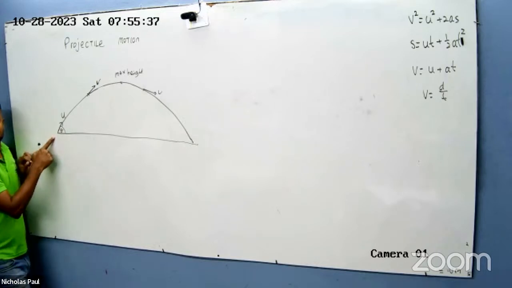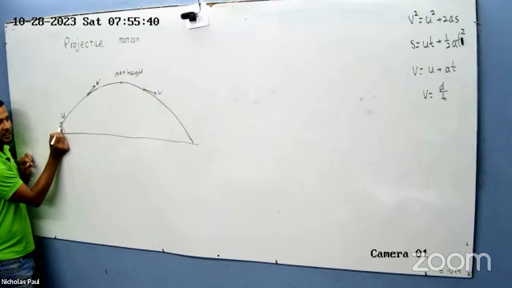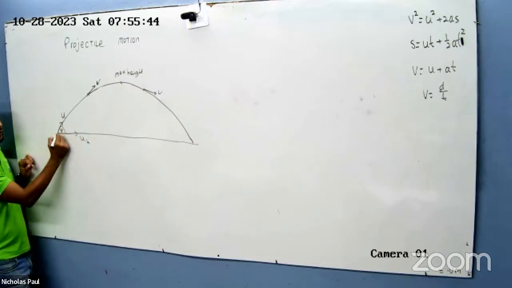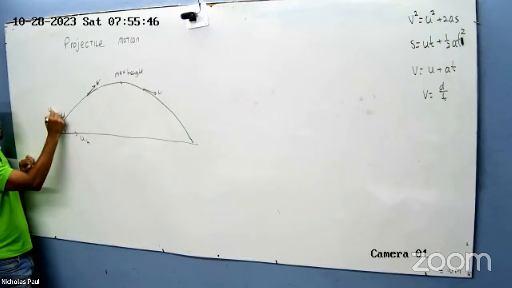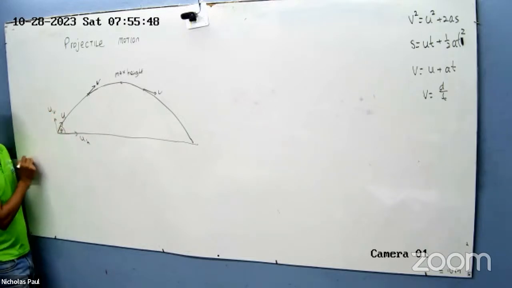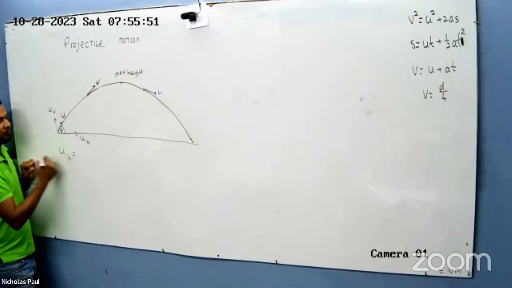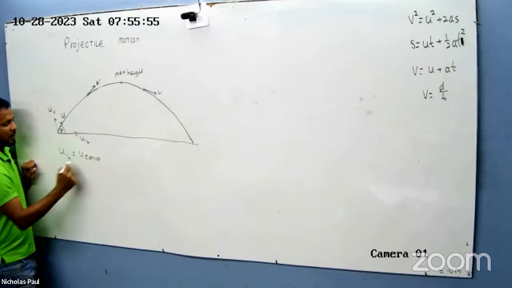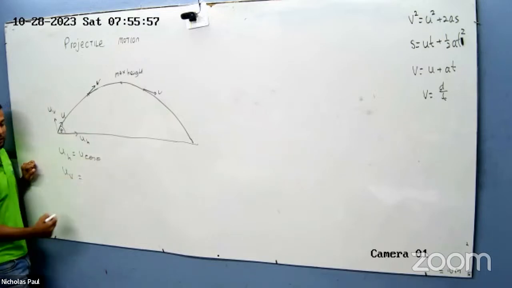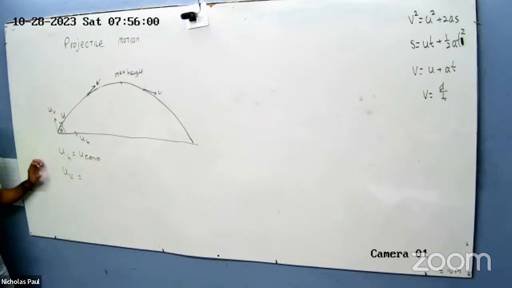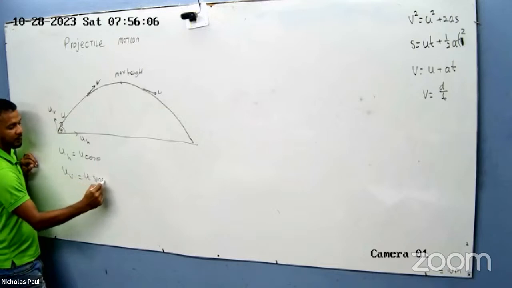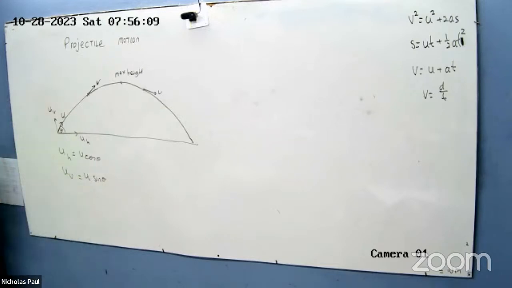So this initial velocity is at an angle to the horizontal, so it should have a horizontal component and it should also have a vertical component. What will the horizontal component be? Adjacent, so the vertical component is u sine theta. Are you okay with that?